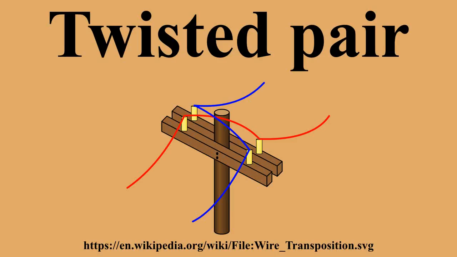Imbalance can be caused by asymmetry between the two conductors of the pair from each other and in relationship to other wires and the shield. Some sources of asymmetry are differences in conductor diameter and insulation thickness. In telephone jargon, the common mode is called longitudinal and the differential mode is called metallic.